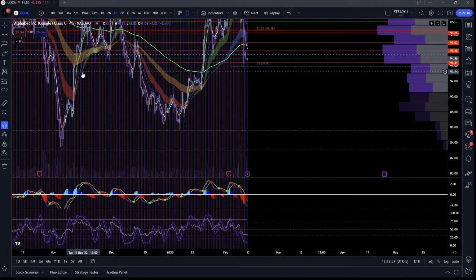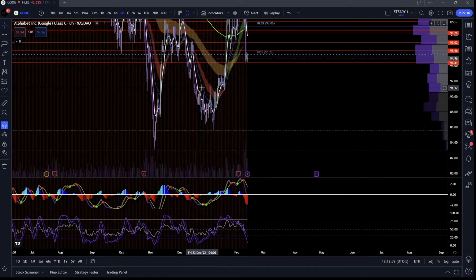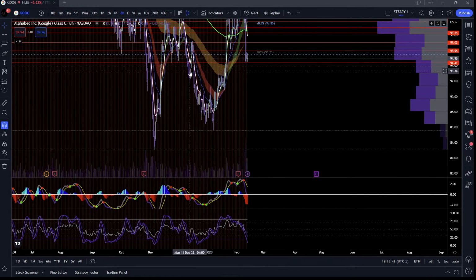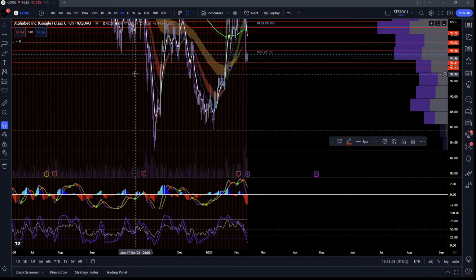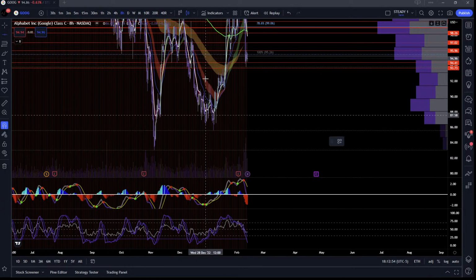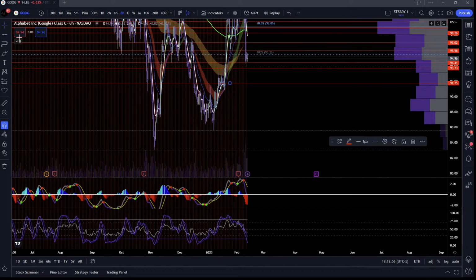Now, I did not chart the next levels below. Sorry, let me go ahead and get those done as well, that way you guys can have some potential target areas. See that there was a gap here, like that one right there. Okay, let me see if there's anything else here. I like that one.